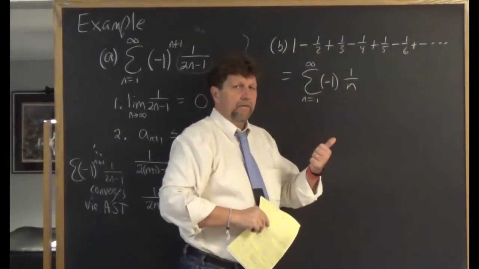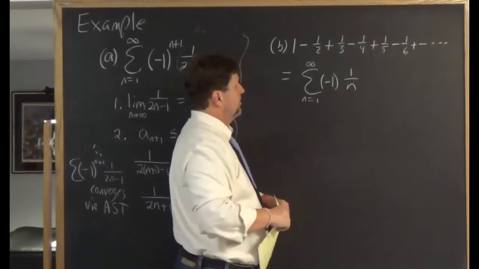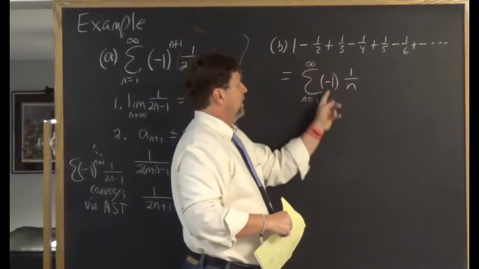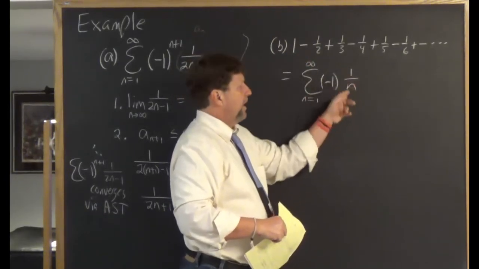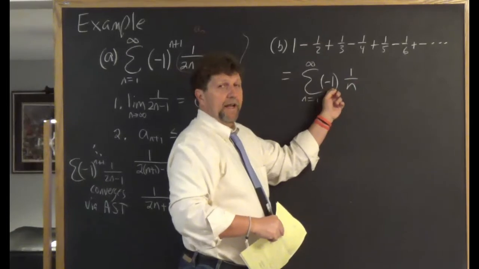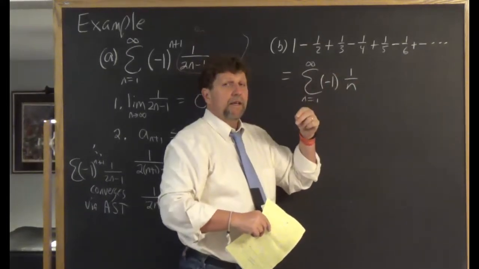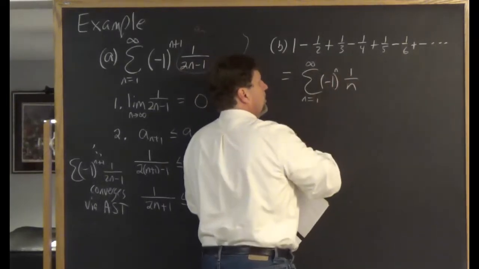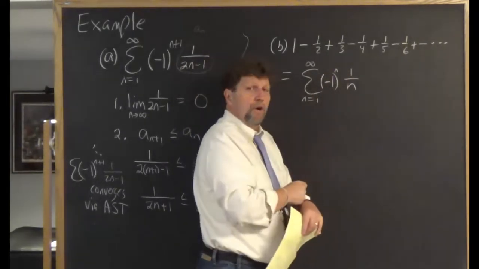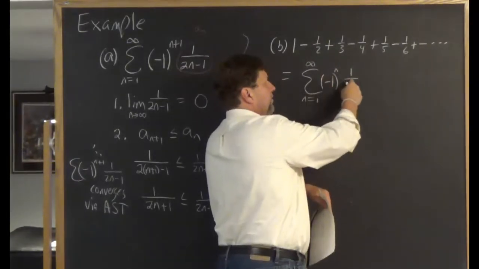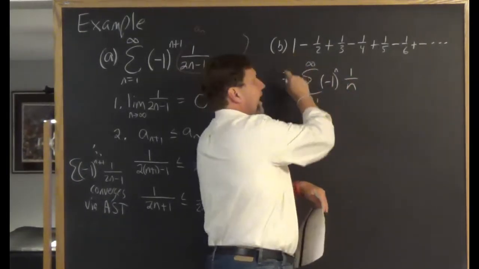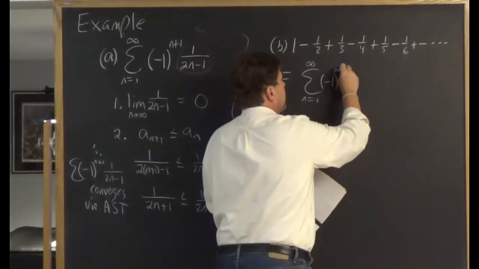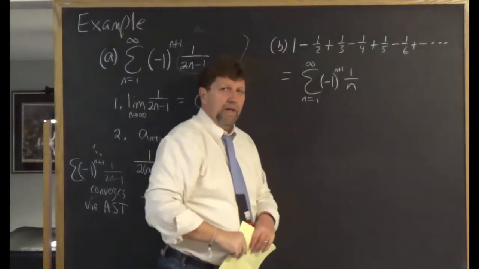Is it going to be n plus 1? The first term is positive 1. When 1 goes in for n, we have to make sure negative 1 to whatever the exponent is kicks out a positive 1. Just n wouldn't do it, because if n were 1, that would be negative 1 times 1, which is negative 1. We want that first term to be a positive 1. So it looks like it's negative 1 to the n plus 1.